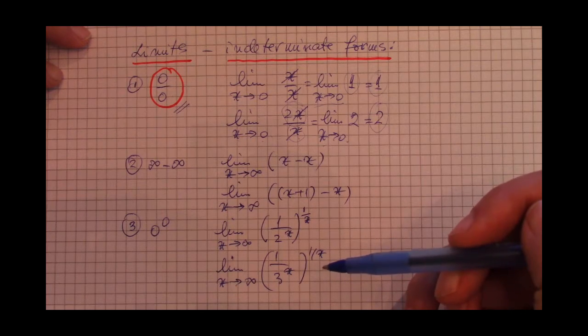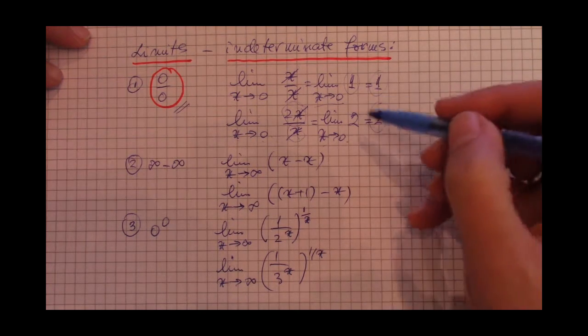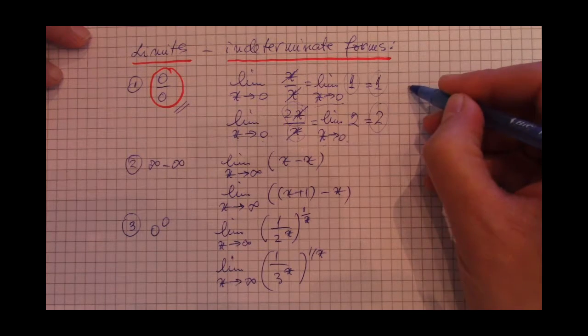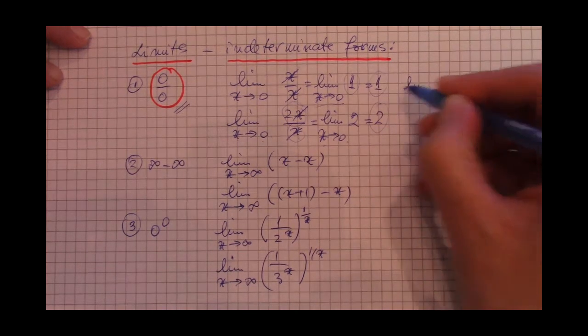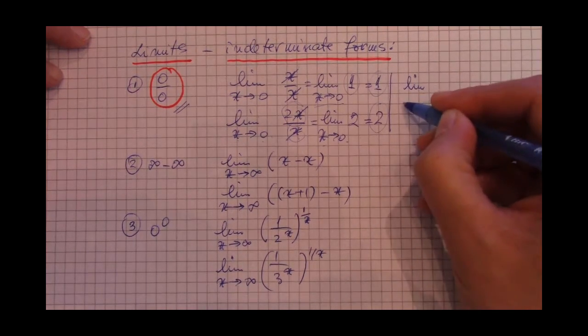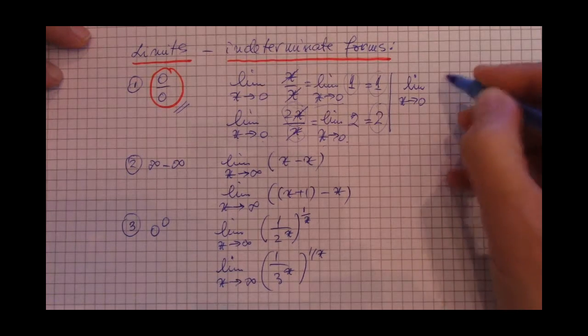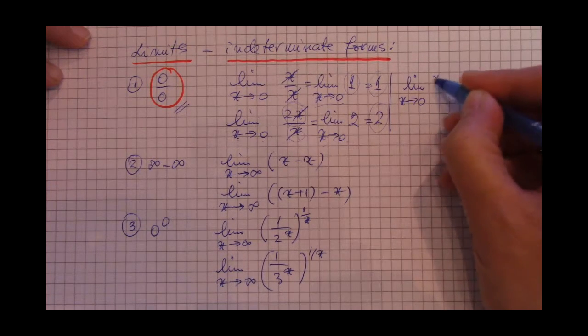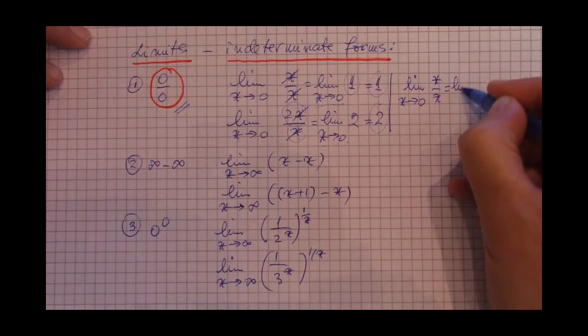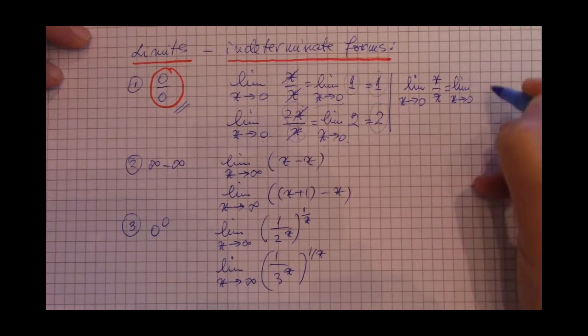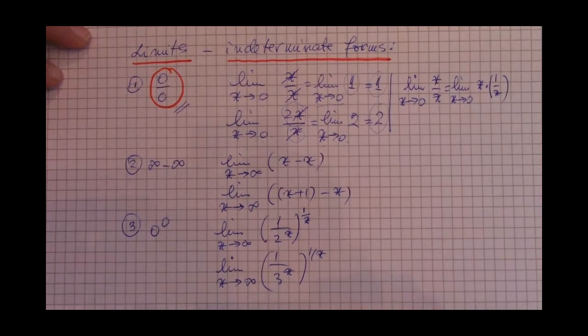Now we can notice something else. For example, instead of writing x over x, we can write the limit when x approaches 0 as x times 1 over x.